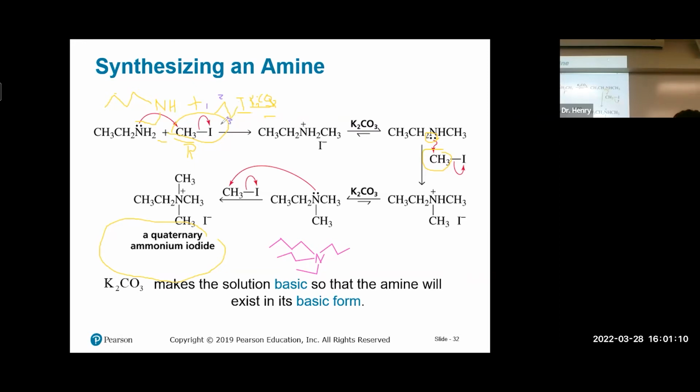So this carbon here is going to be attacked in this case, and this is going to be attached on the backside. Still going to be attacking from the backside, yes. Okay, so then we get the formation of our intermediate, which is going to be this guy here.